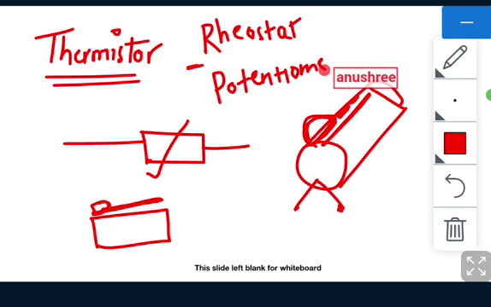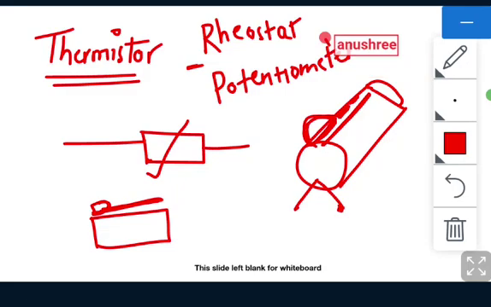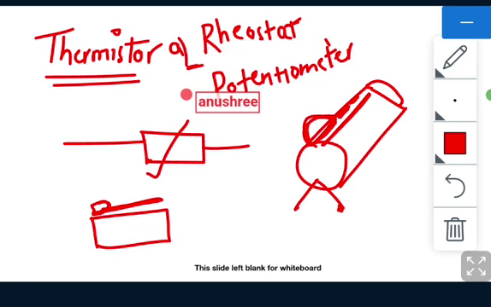Rheostat or "stat," you can say anything, but it's rheostat, like S-T-A-T. And potentiometer. Yeah, I've written it down.